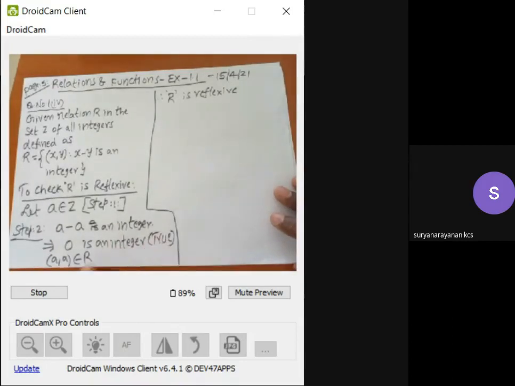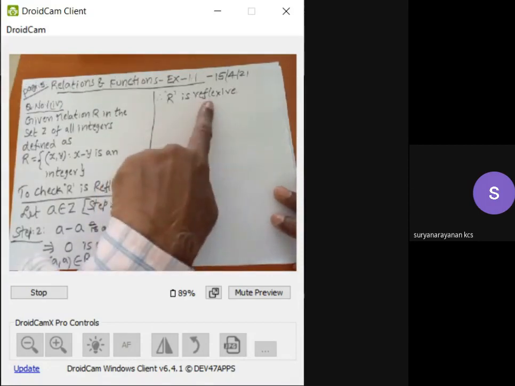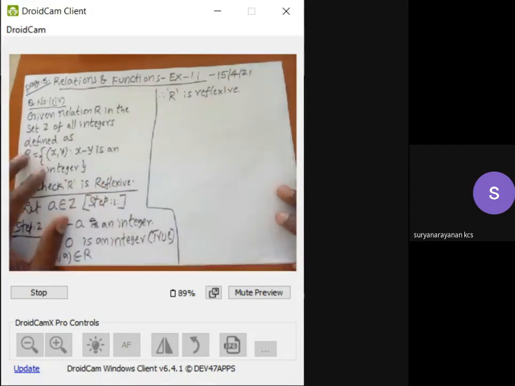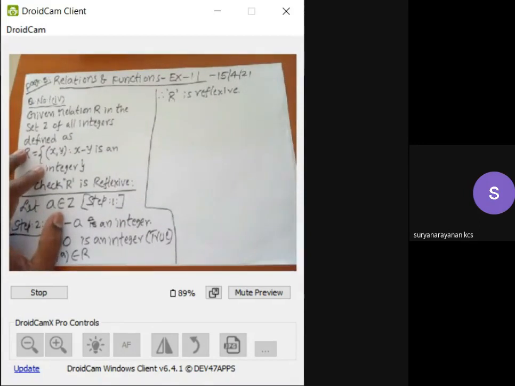If it is a true statement, immediately we write ordered pair (a, a) belongs to relation R. Therefore, we say that R is reflexive. Got this point, my children? Yes, sir.